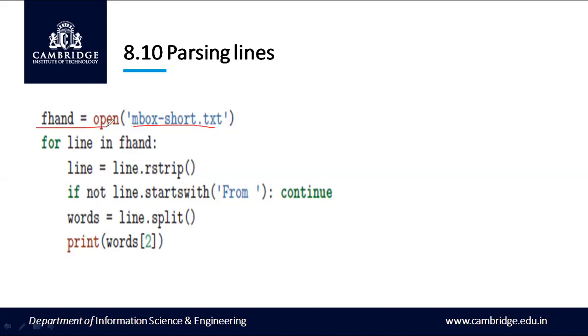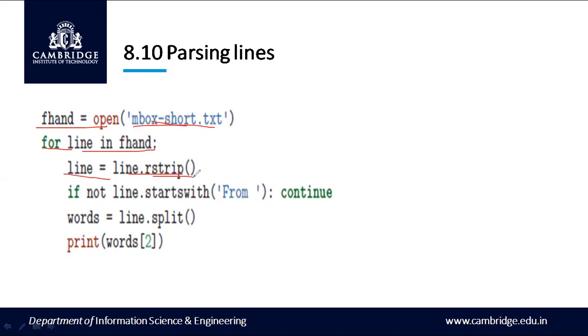You are using the file handler to open the text file, that is mbox-short. mbox-short consists of email information. Here we are going to read each and every line in mbox-short, and the for loop is used to traverse through each and every line in mbox-short.txt.